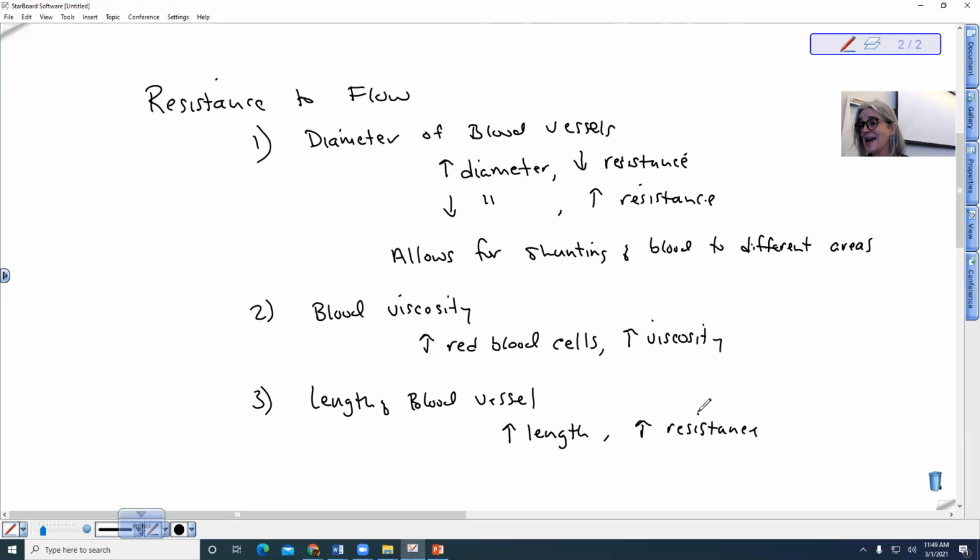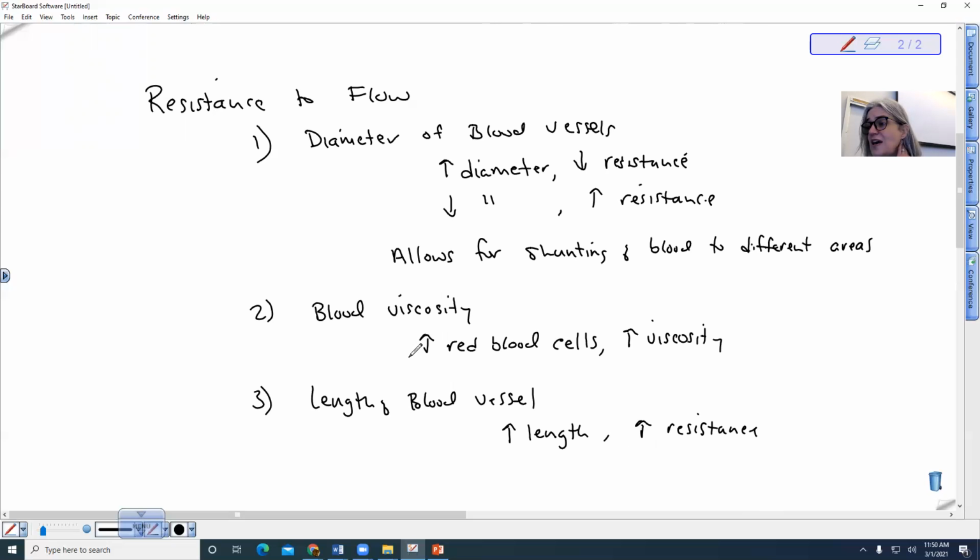So this would be like as we grow up from children and become adults, big adults, and then maybe as we gain weight, if I was to gain like 50 pounds, then I would have a problem in that I would have to overcome this resistance to the blood flowing to those regions of my body that are new, right? So as we increase the length of the blood vessel, there is an increase in the resistance.